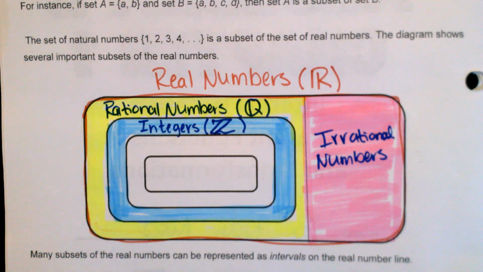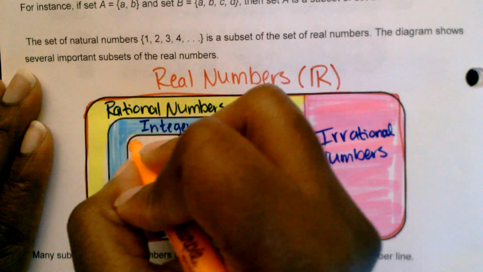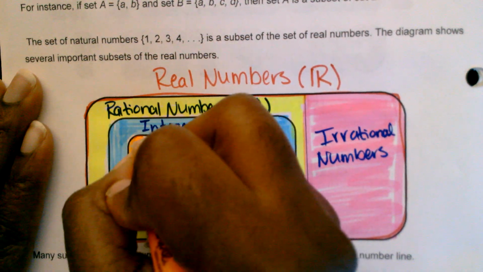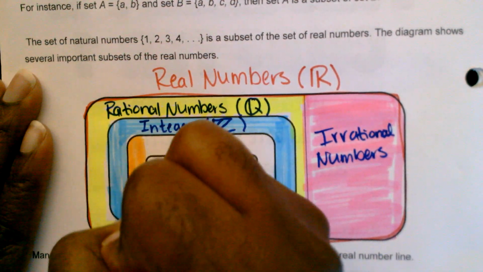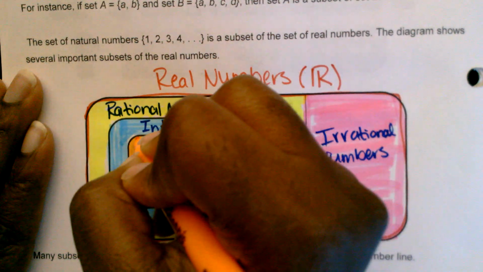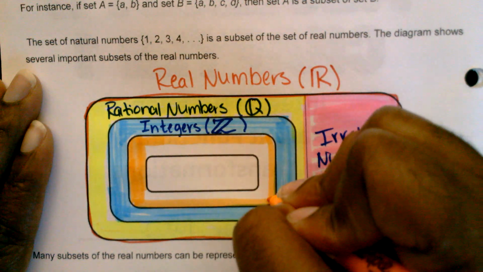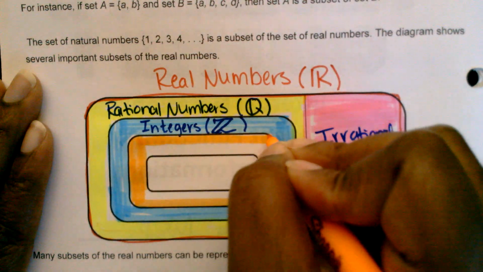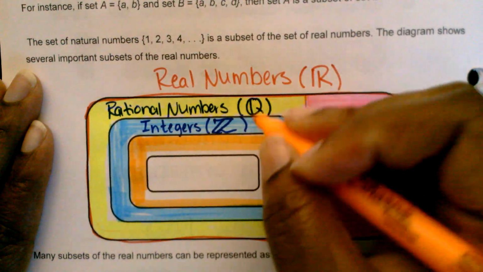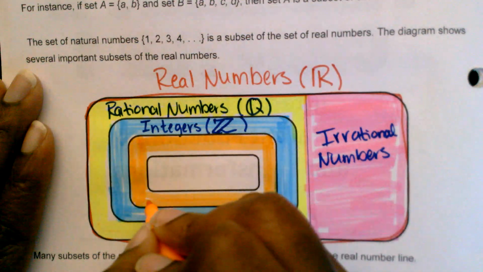All right, inside my box of integers, I have whole numbers. So integers, they include the negative numbers and positive numbers, including 0. Whole numbers, they start at 0, and they're positive.